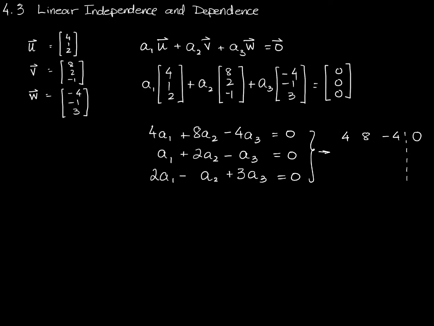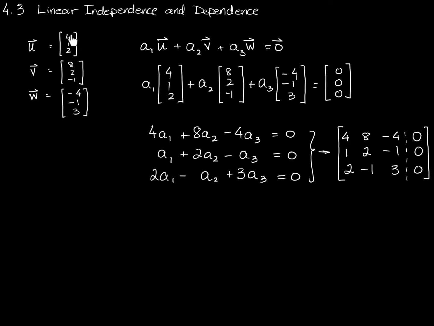Now, if I turn that into a single augmented matrix, I get this: 4, 8, negative 4, 0, 1, 2, negative 1, 0, 2, negative 1, 3, 0. And I hope that now it's really obvious that although I've written this in terms of the rows, because I'm looking at the equation A1 times 4 plus A2 times 8, and so on, the values for this coefficient matrix are the columns.